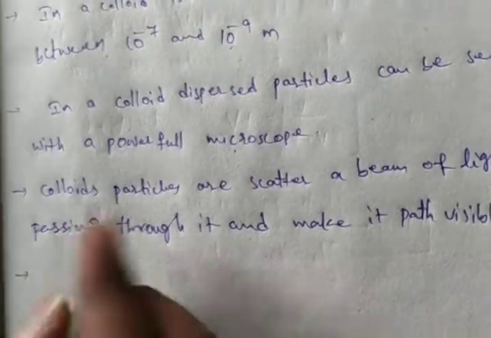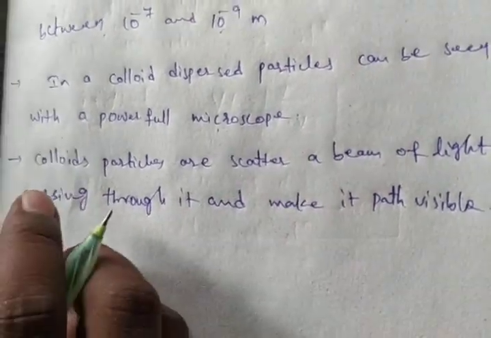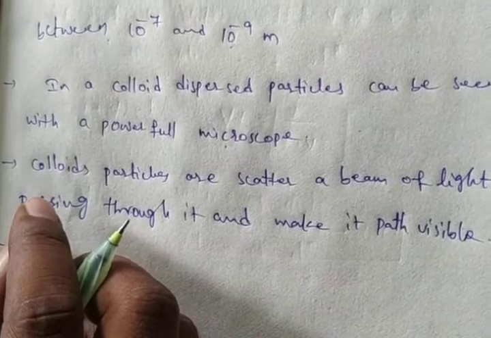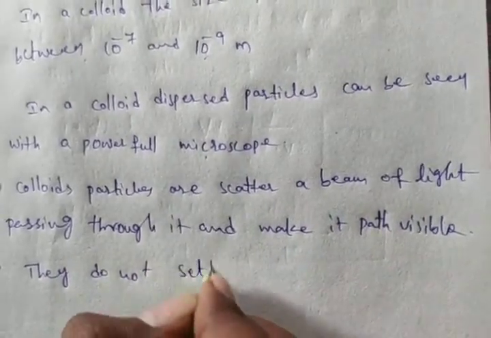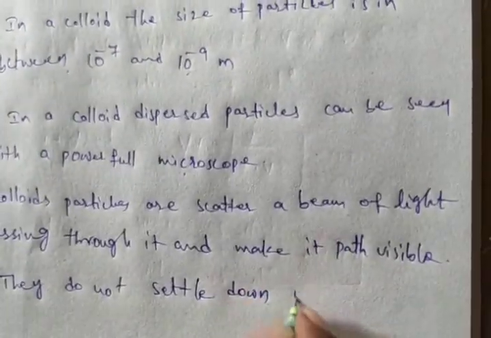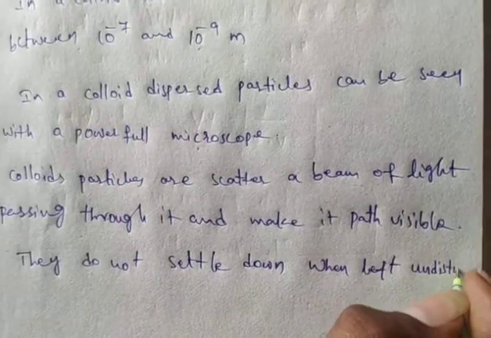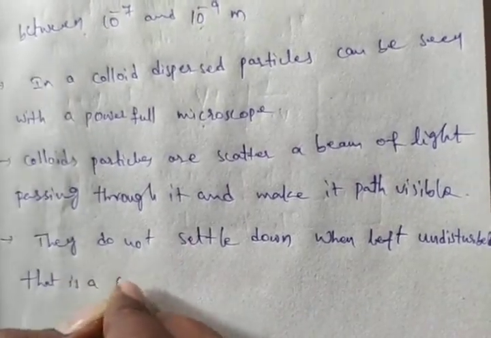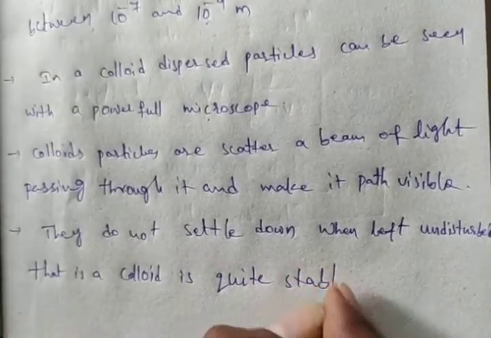And the next point: they do not settle down when left undisturbed. That is, a colloid is quite stable. Suspension is unstable because the solute particles settle down when a suspension is left undisturbed. But here, they do not settle down. Suspension is unstable; colloid is quite stable.